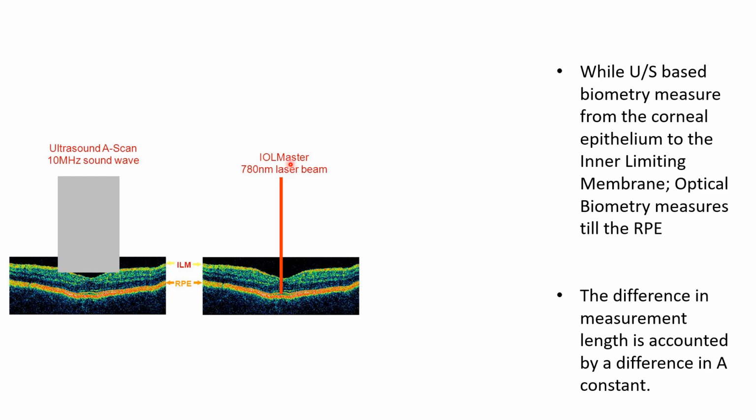While the IOLMaster or other optical biometry machines use a laser beam with a wavelength of more than 700 nanometers, 780 nanometers for the IOLMaster 700 and IOLMaster 500, and it goes up to the retinal pigment epithelium or the Bruch membrane and reflects back. This is a major difference between the ultrasound machines and the IOLMaster.